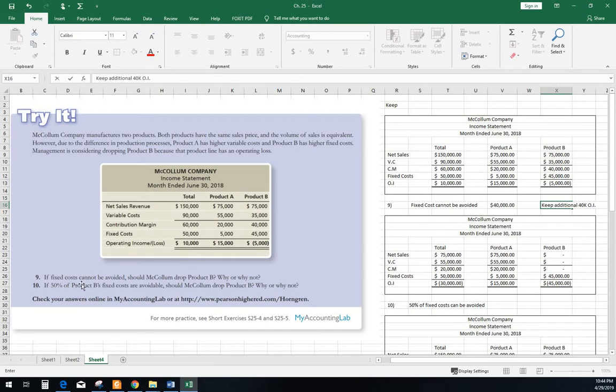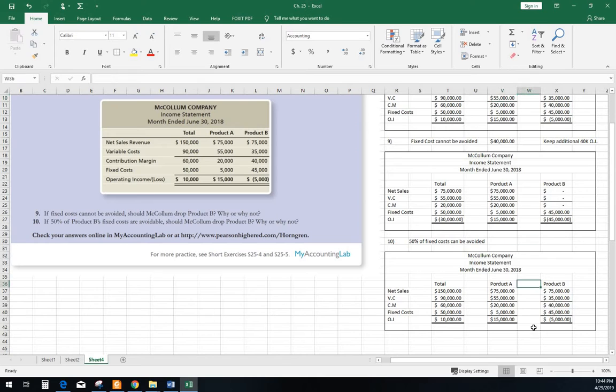Okay. Now, let's read number 10 and do the same process. If 50% of product B's fixed costs are avoidable, should McCallum drop product B? Why or why not? So let's compare this keep scenario with this 50% fixed cost can be avoided scenario. So let's go right here to fixed cost. Rather than 45,000, now 50% are avoidable. So we'll multiply this times 0.5.